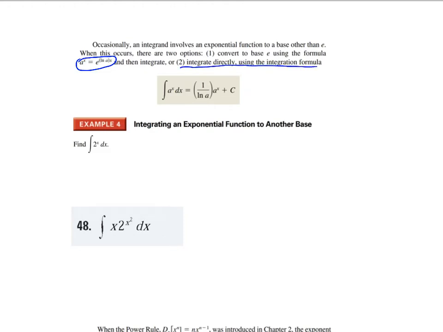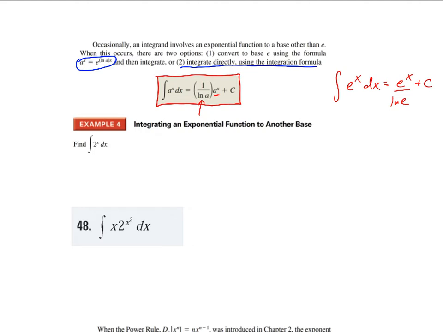All right, so the formula you want to learn is the one shown here. Integral of a to the x is 1 over ln of a times a to the x. Remember, the integral of e to the x is e to the x plus c. Well, it's technically e to the x divided by ln of e, but ln of e is 1.